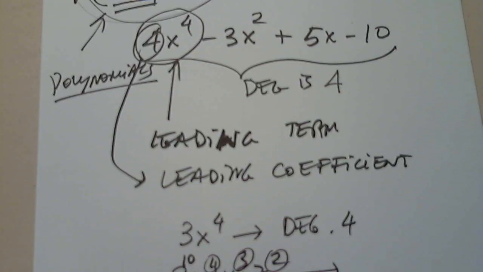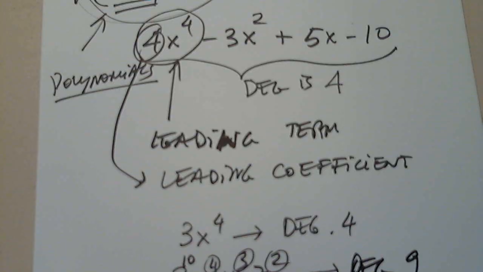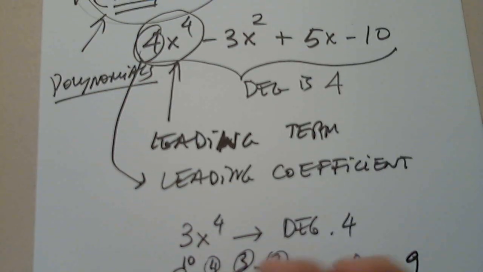Even if I have here 3 to the 10th power, it doesn't mean anything. So the degree here is 4 plus 3 is 7, plus 2 is 9. If it has only one variable, the degree is the power of the variable. If it has more than one variable, then the degree will be the sum of the degrees.